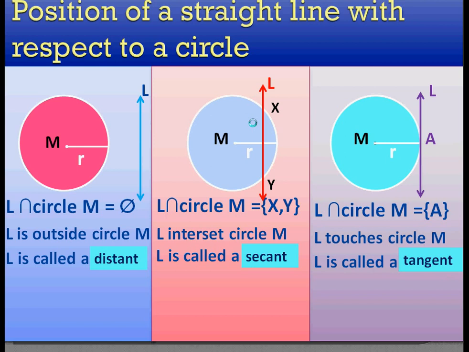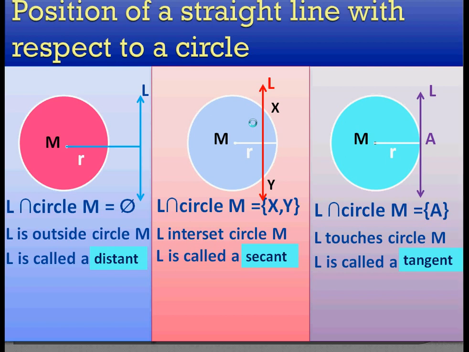The distant straight line is the straight line that lies outside the circle. The secant is the straight line that cuts the circle at 2 points and cuts the surface of the circle at a line segment XY. The third basic concept, the tangent, is the straight line touching the circle at one point.